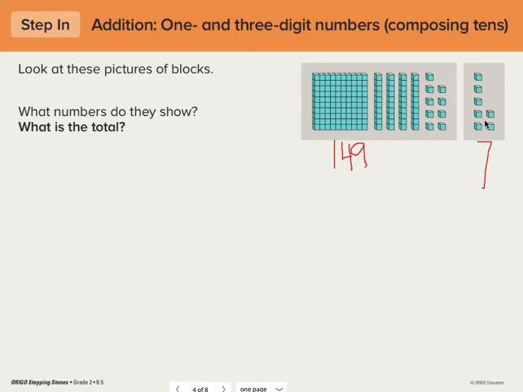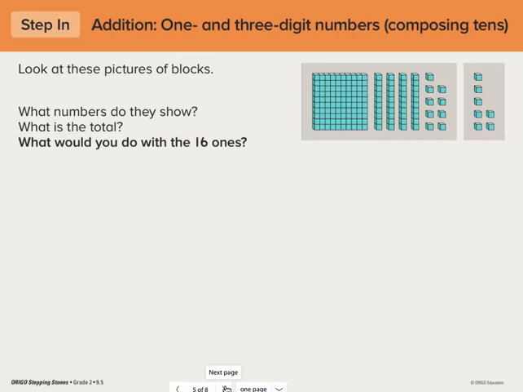Are you ready? Well, let's look at all of the ones blocks we have. So we have 9 ones over here, and we have 7 ones over here. What would you do with the 16 ones? Together with these 9 ones and these 7 ones, we have 16 ones.